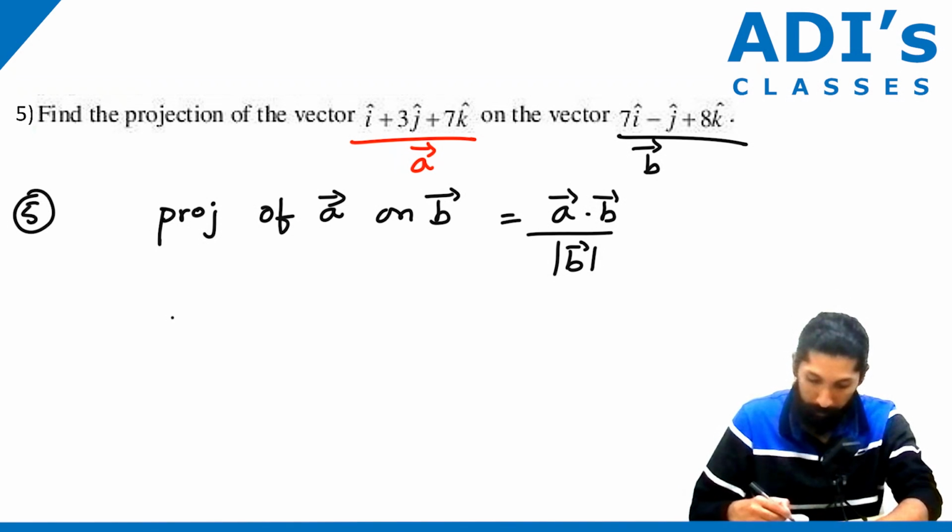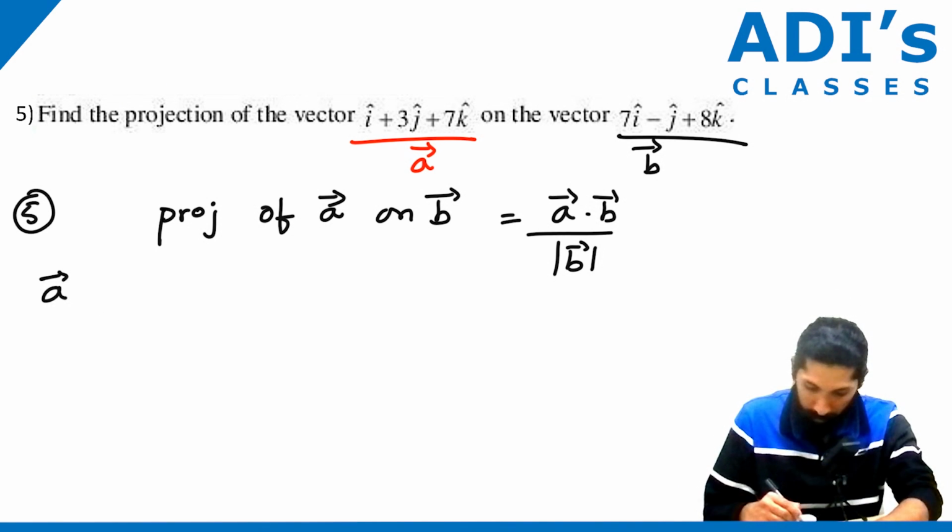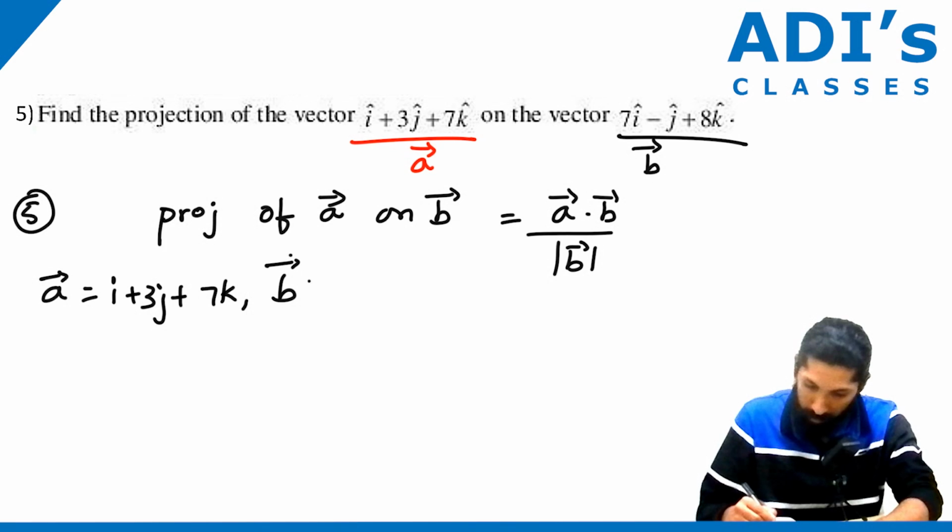So let's do A dot B now. In our case, vector A is i plus 3j plus 7k, and vector B is 7i minus j plus 8k.